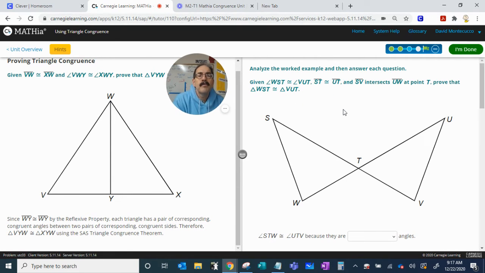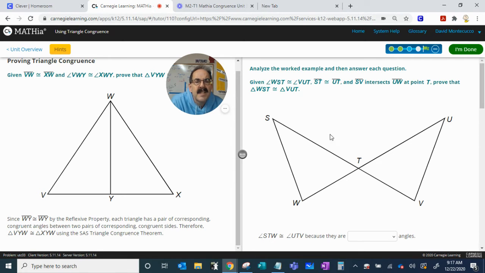Okay, now WST, VUT, boom, boom. UT intersects SV.